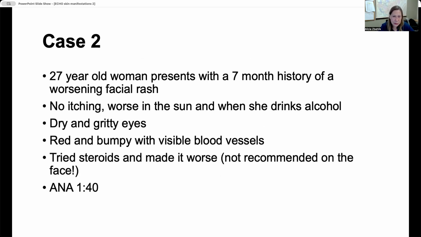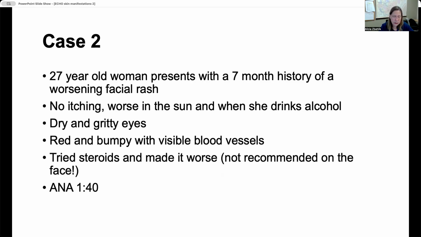So case 2, this is a 27-year-old woman who presents with a 7-month history of a worsening facial rash. And this is a fairly common consult that we see in the ambulatory setting. She doesn't feel like it's itching, but it gets a lot worse in the sun. It gets worse when she drinks alcohol. Her eyes are dry and gritty and sometimes painful.